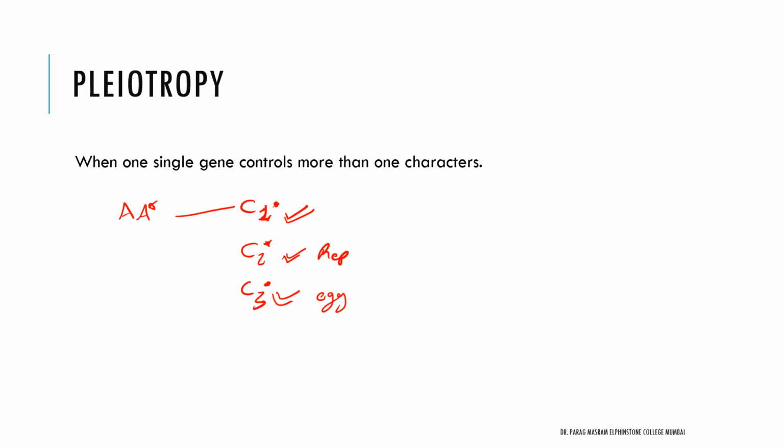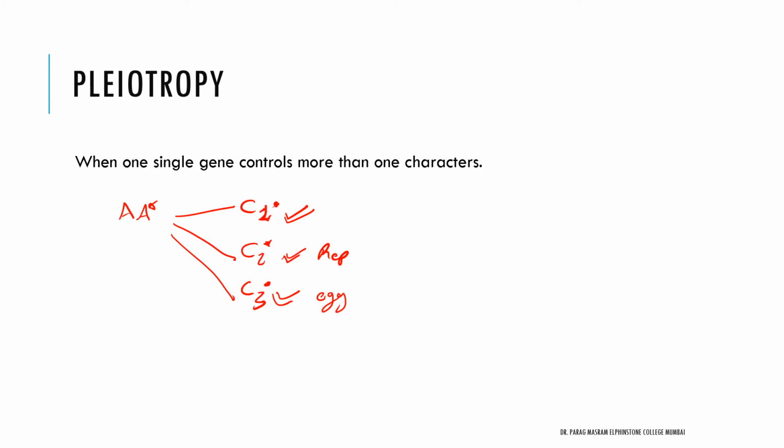So one gene is controlling multiple characters. This gene is controlling the shape of the wing, the structure of the reproductive organ, and the longevity of the eggs of the animal.